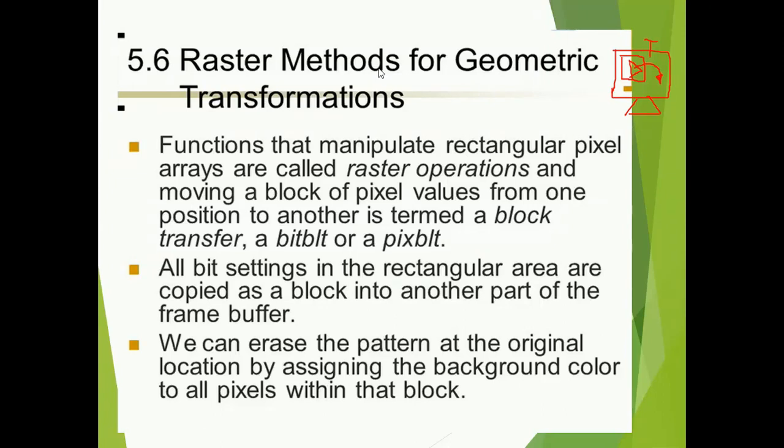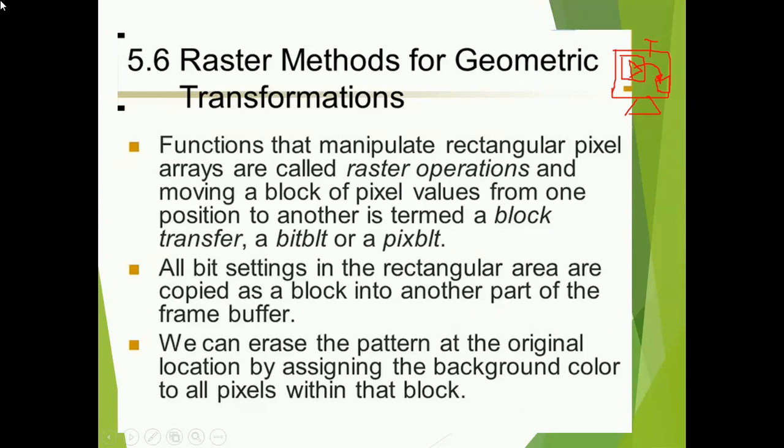Those pixel values you move to the other position, that is, you transfer the values to the other position in the frame buffer. That is how we do the translation function.